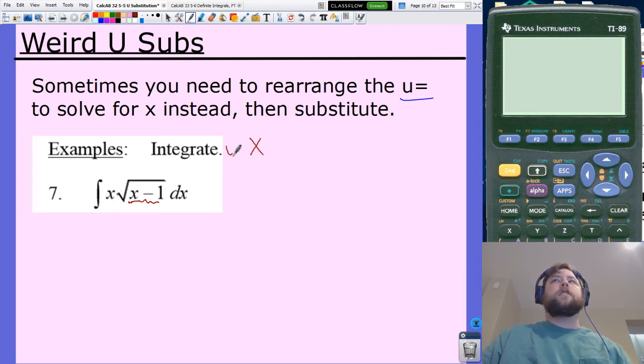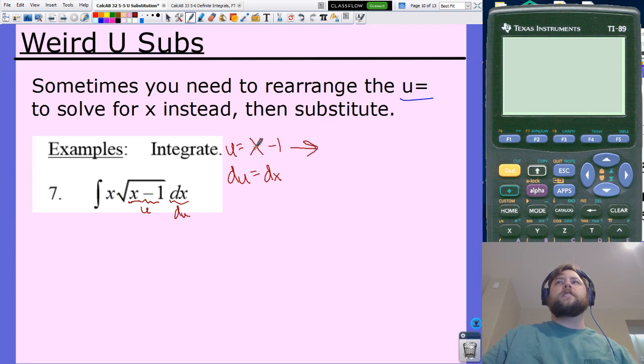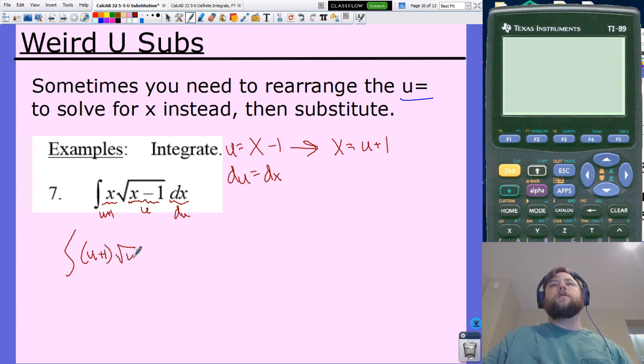So let's say my u equals x minus 1, so du would be just 1 times dx. That'd be great. So this is my du, and this is u, but that doesn't get rid of this x here. Well, I could rearrange this equation and say x equals u plus 1, adding 1 to both sides. So this thing is going to be u plus 1. You substitute in, and you get u plus 1 times the square root of u du.